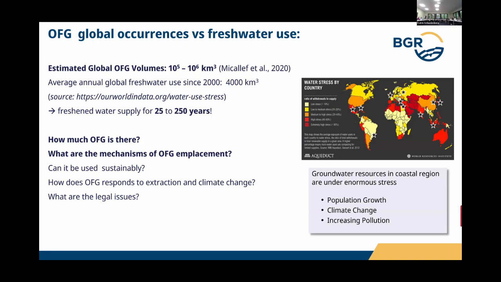Depending on the number, that would supply water for 25 to 250 years. My first thought was, oh, that's not too much if it's not renewable. But this is due to the very sparse database we have on these figures. Yeah, but this is one of the major questions.